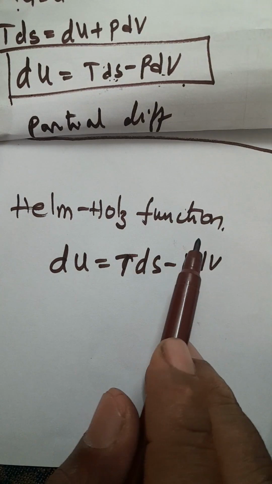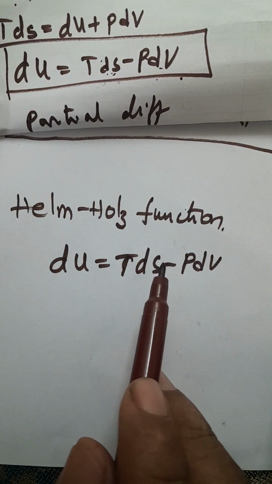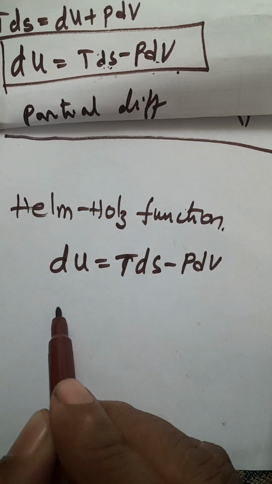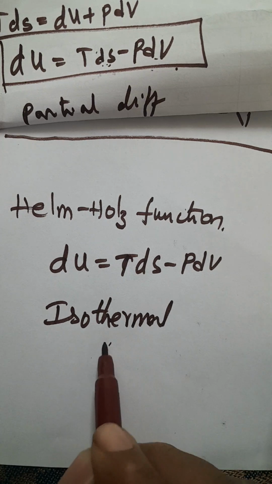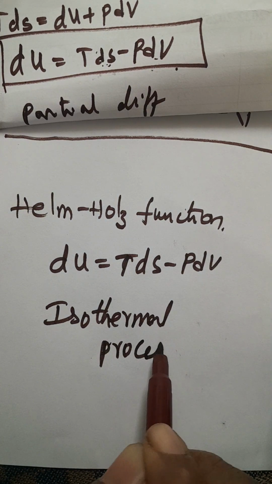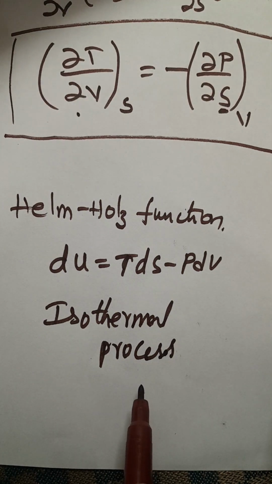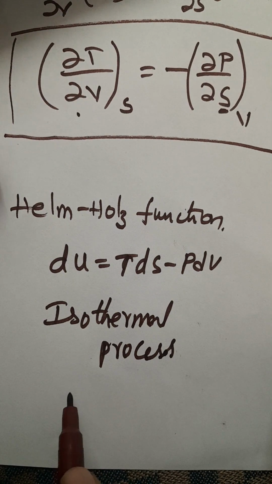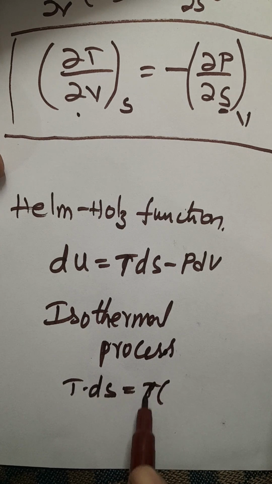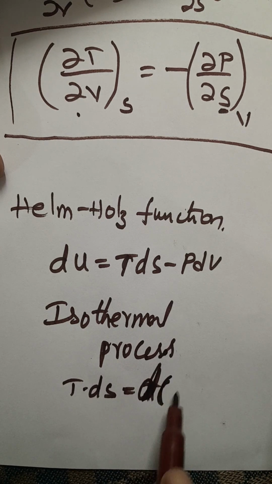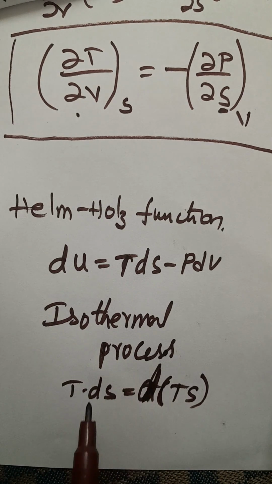Now in this Helmholtz function, we consider the system undergoing an isothermal process. Always remember, in an isothermal process temperature remains constant.